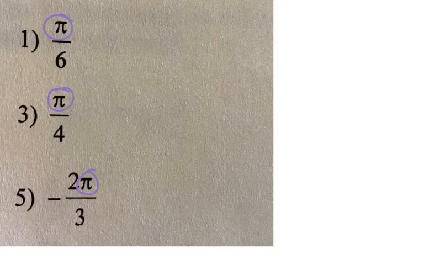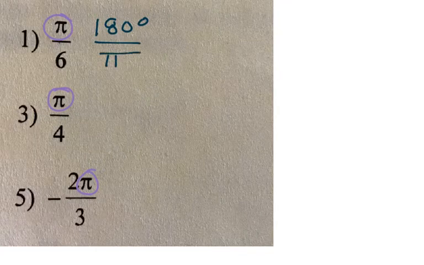It's quite simple. We should know that with any conversion dealing with degrees or angles, there's 180 degrees in pi radians. So notice if I simply multiply by that ratio, 180 degrees over pi, the pi's cancel each other out.